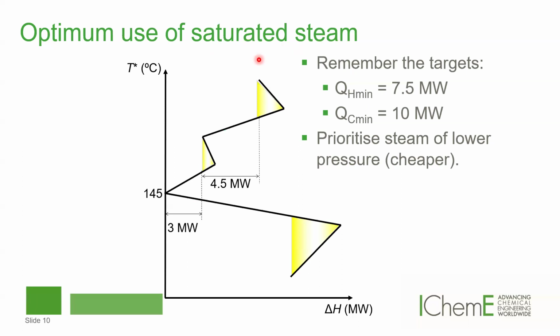Remember that our target is 7.5 megawatts for the hot utility and 10 megawatts for the cold utility.